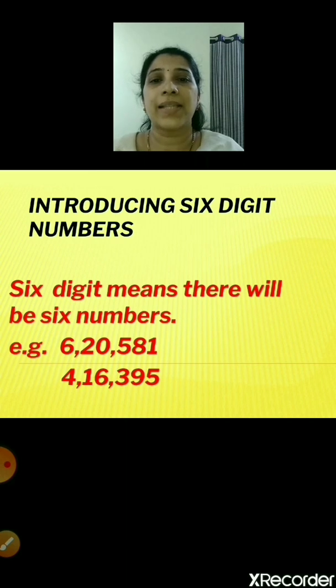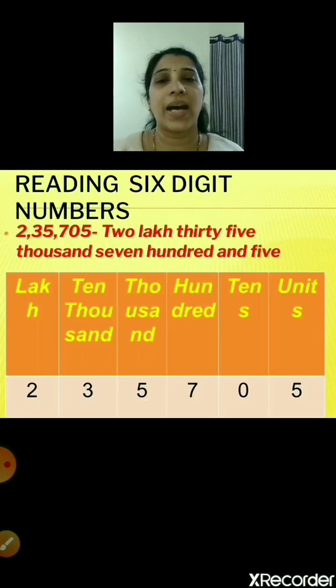So again, as I told you, you have to arrange these numbers. How you are going to read these 6-digit numbers? So here the number I have taken is 235,705.